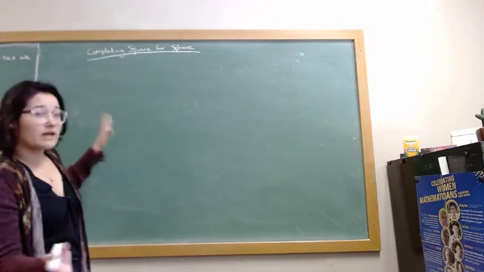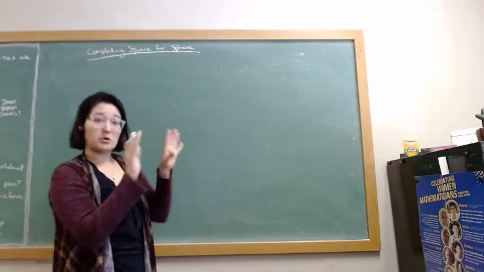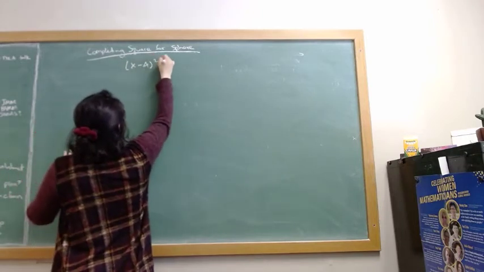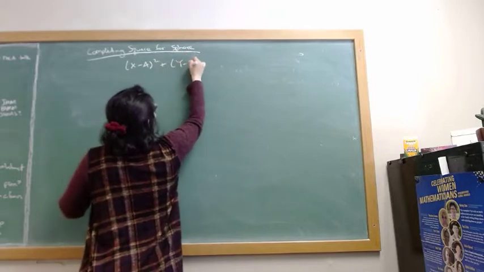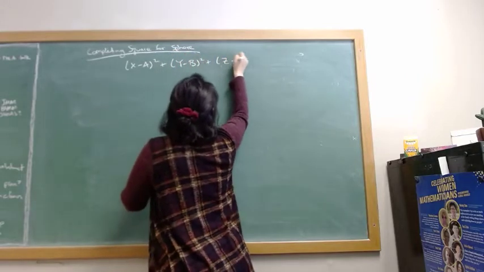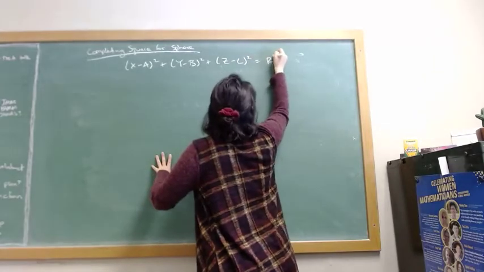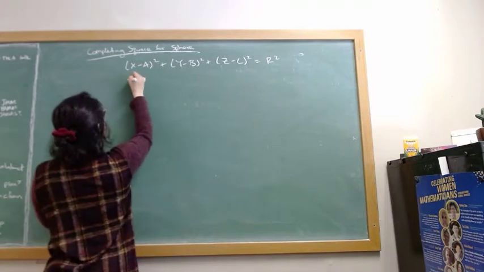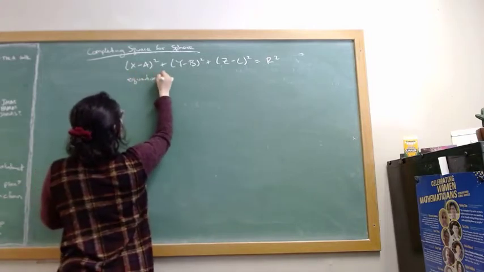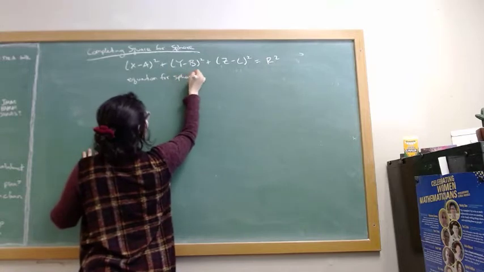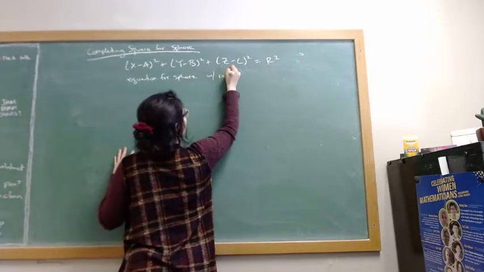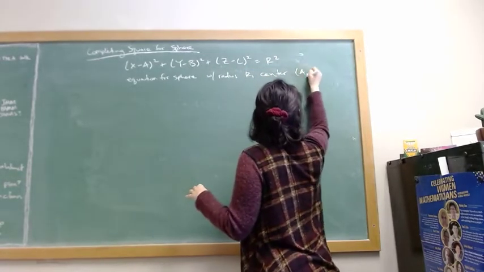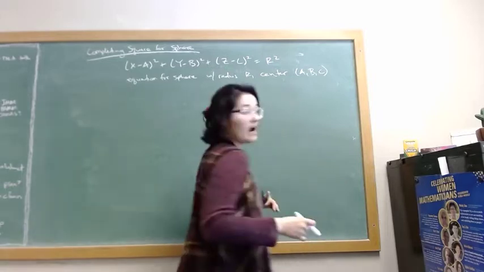Just to recap, we all know from the review sheet that the equation for a sphere is given by (x minus a) squared plus (y minus b) squared plus (z minus c) squared equal to r squared. That's the equation for a sphere with radius r and center (a, b, c).